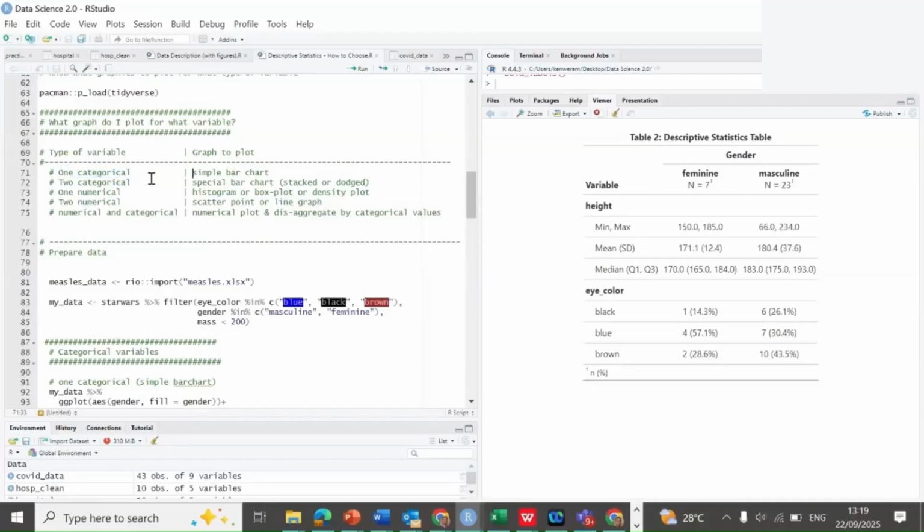So one categorical variable can be our gender, can be our eye color, just one categorical variable. We use a simple bar chart. If you have two categorical variables, then you can use a special bar chart to describe it. When we say special, we mean that it could either be a stacked bar chart or a dodged bar chart.